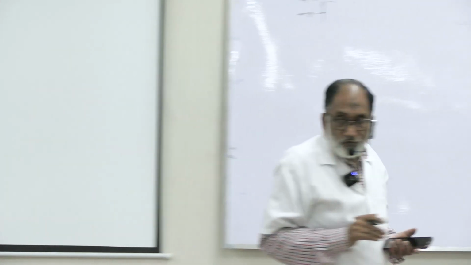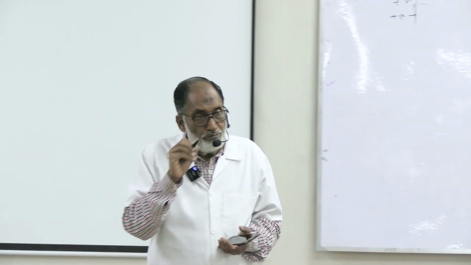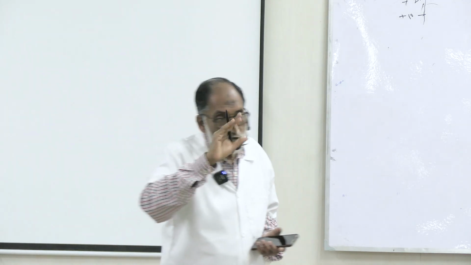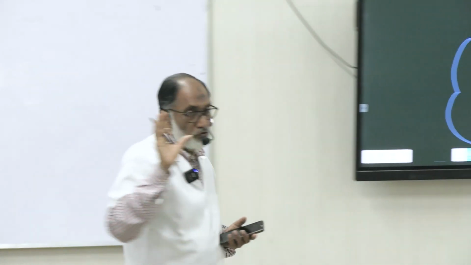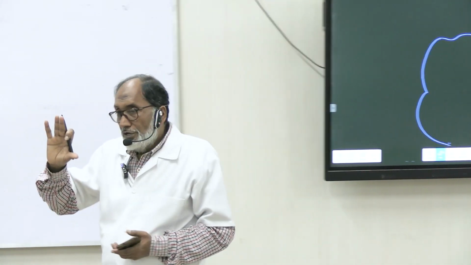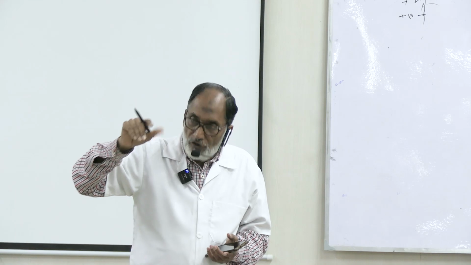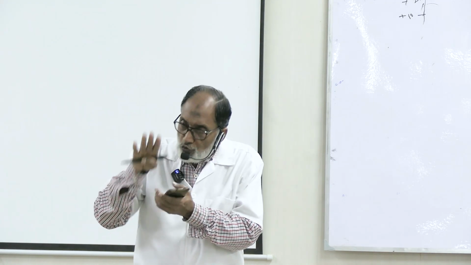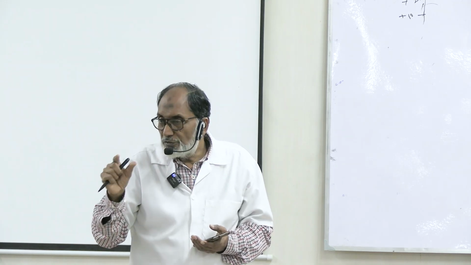Now, there is a term, ventral or dorsal endocardial cushion. You should remember this term. At the atrioventricular junction, from the dorsal wall and from the ventral wall, two cushions develop, and they will ultimately meet and form the septum intermedium.